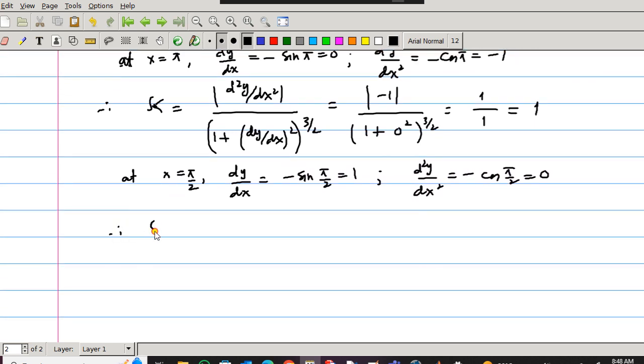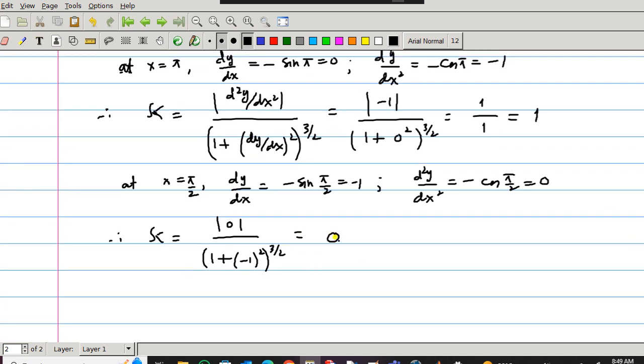So therefore the kappa is second derivative, which is 0, divided by 1 plus first derivative, minus 1, so minus 1 square. But it doesn't matter what you have in the bottom. If the numerator is 0, everything is 0. So what does it mean?